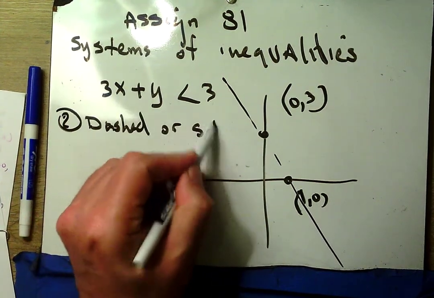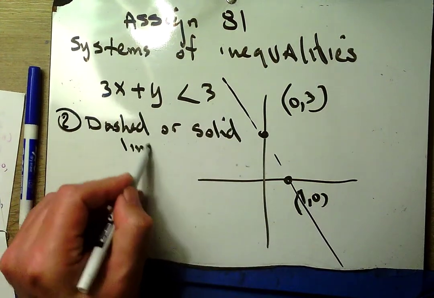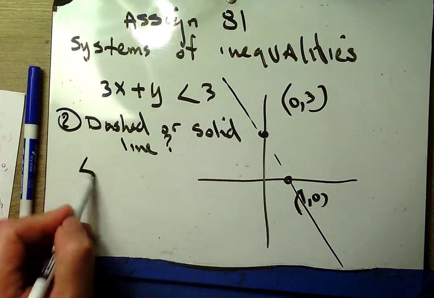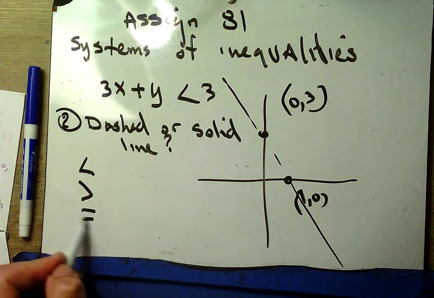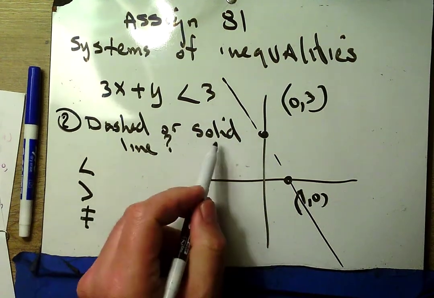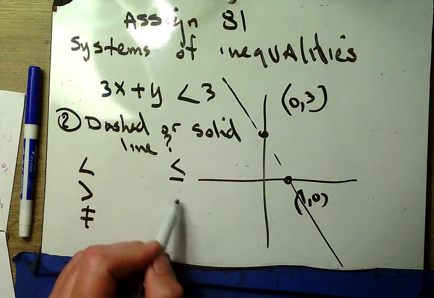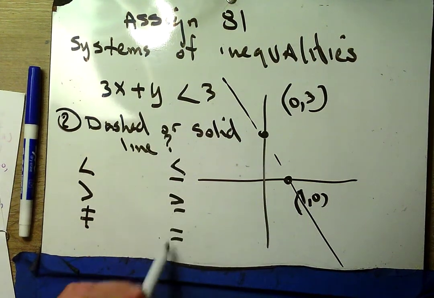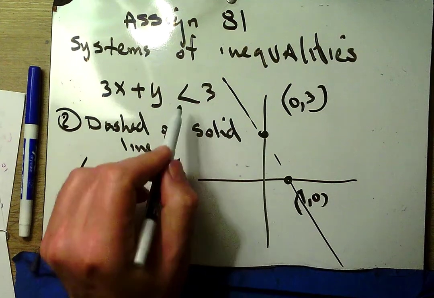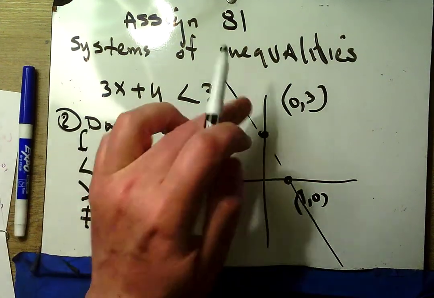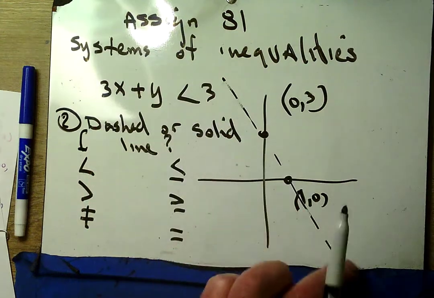or solid line? And the way we know it's a dashed line is if we see this, or this, or this. And we know it's a solid line if we see this, or this, or this. Well, I see one of them, and so I know that I'm going to have a dashed line.